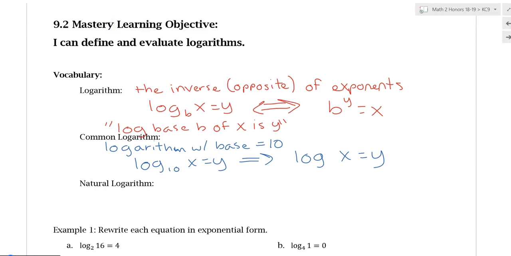We also have the natural logarithm. That's a logarithm with base equal to e. e is your natural number. This might be new to you, but it pops up a lot.